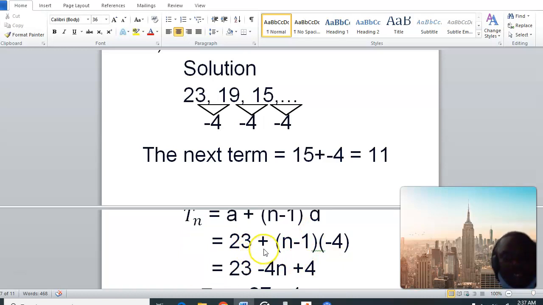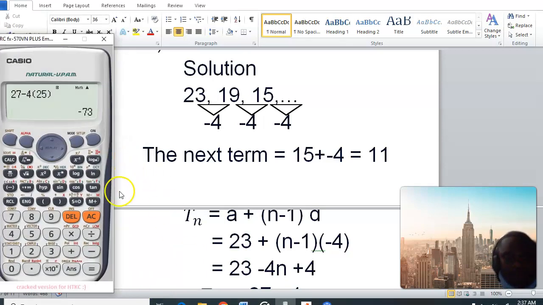So you have 23. Then if you expand this one, you are going to get n times minus 4 will give you minus 4n. Then minus 1 times minus 4 will give you plus 4. Let me show you how to press this on the calculator.